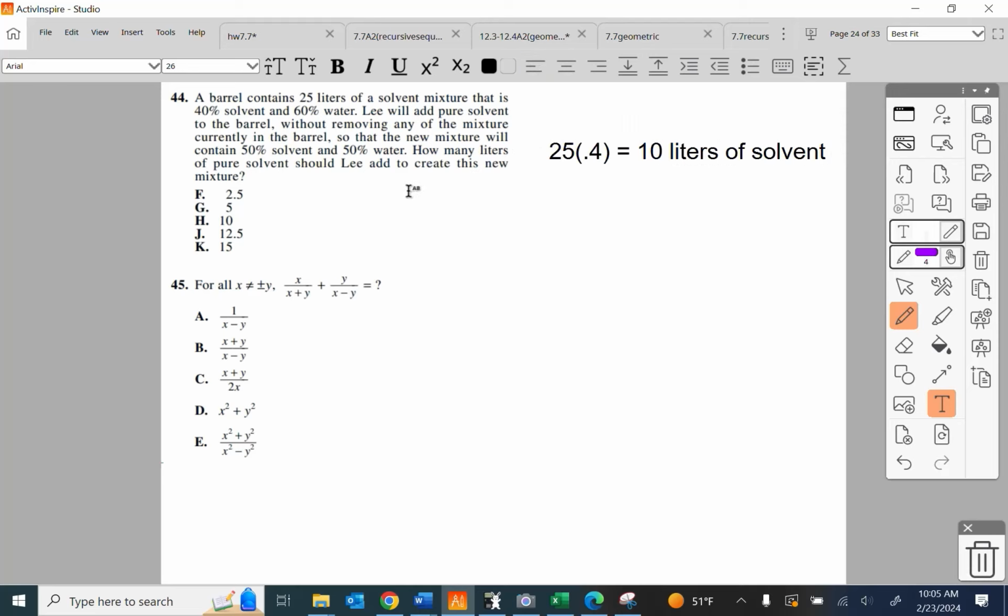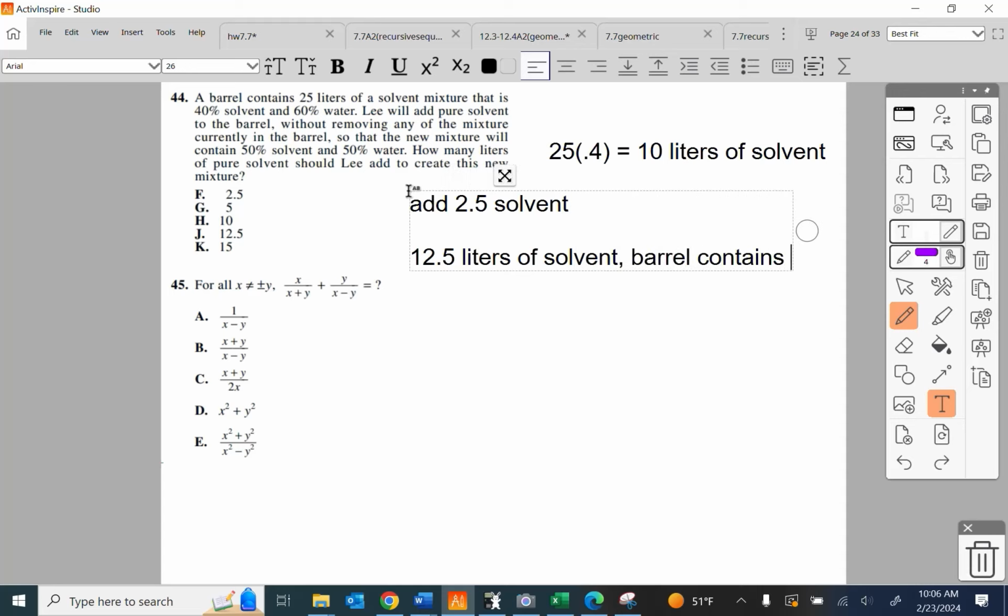So let's say that I go through the adding of 2.5 solvent. Now it would contain 12.5 liters of solvent. But the barrel contains 25 plus 2.5, 27.5. This is not 50-50. All right, so I add 5.